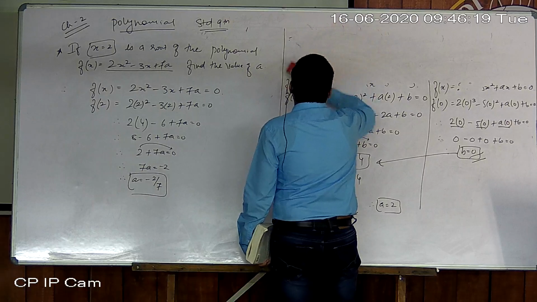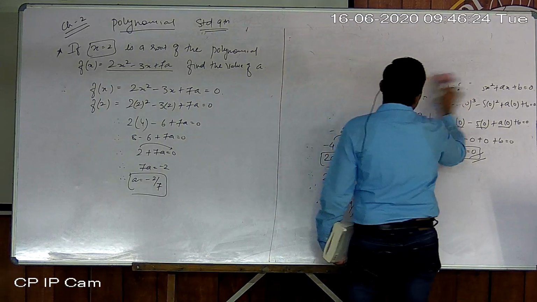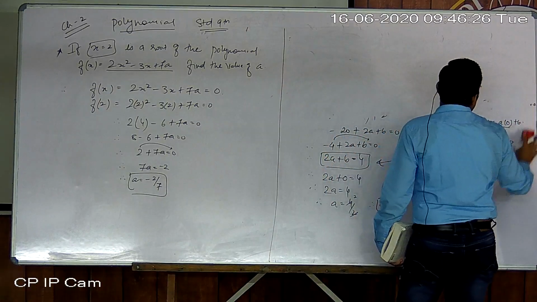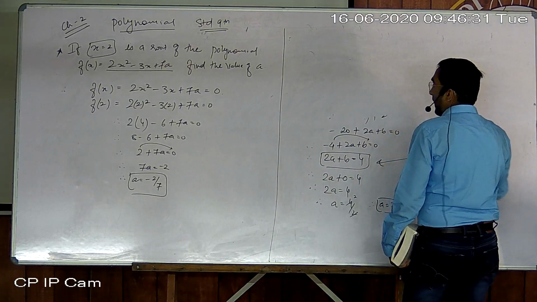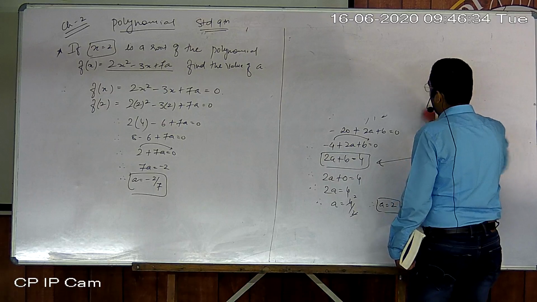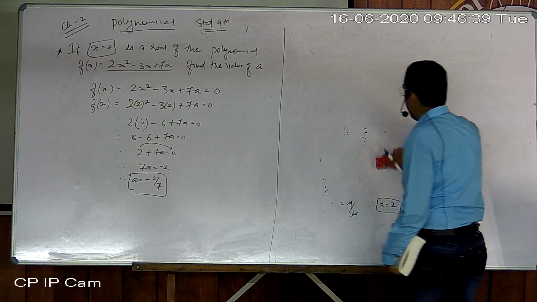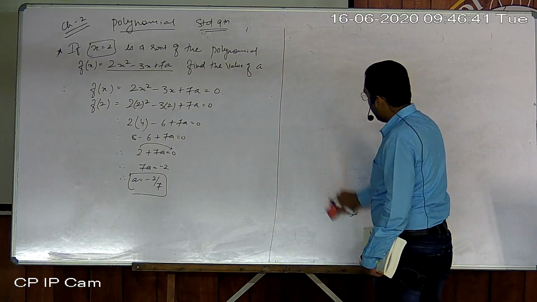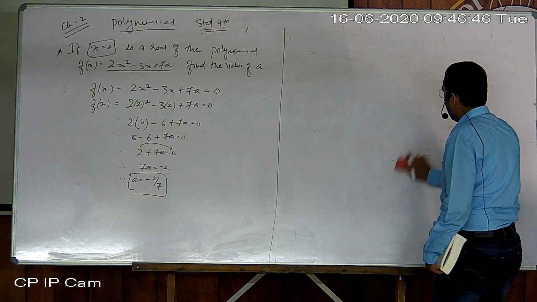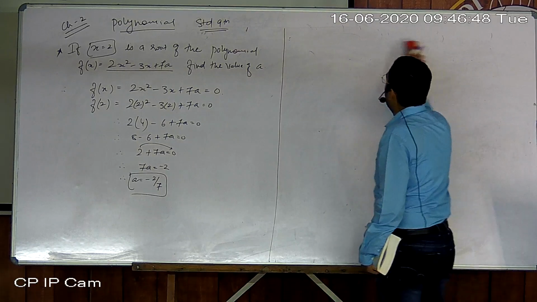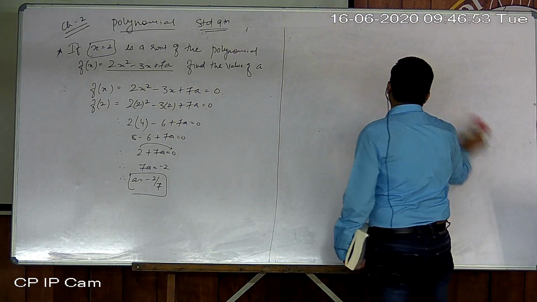Whenever you use the remainder theorem, if the value of x is a factor or zero of the given polynomial, then the value of the polynomial must be equal to 0.